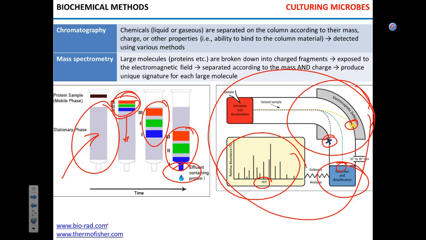You take a little bit of that culture, and through a few additional steps put it into the mass spectrometer and run it, and you get a unique signature of your bacteria. You can compare that signature to the ones in the database, and it gives you an immediate answer. If the signature is 95% identical to the signature of E. coli, it's E. coli.